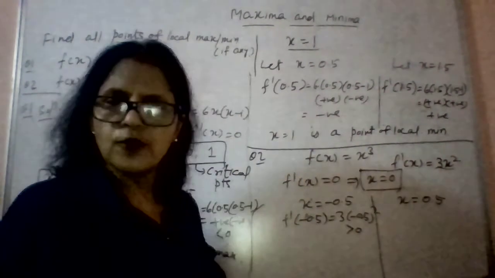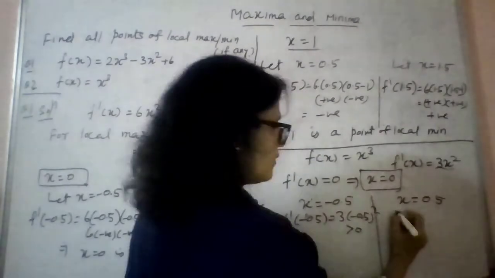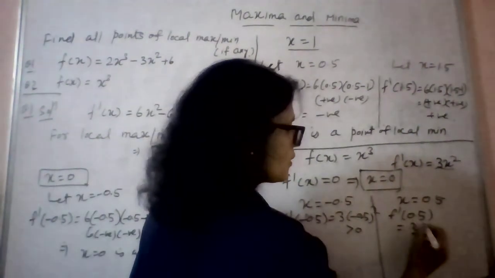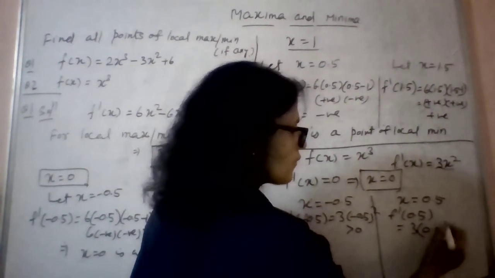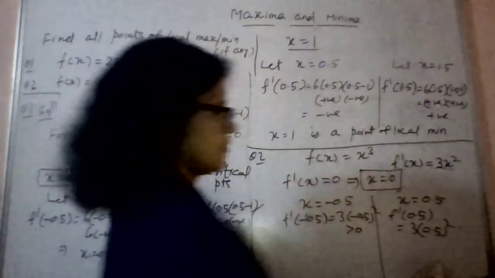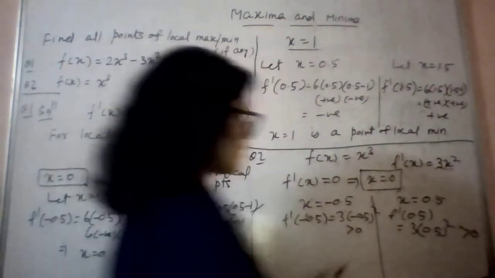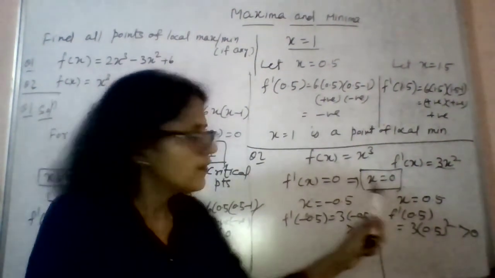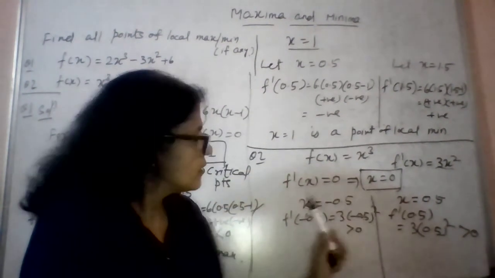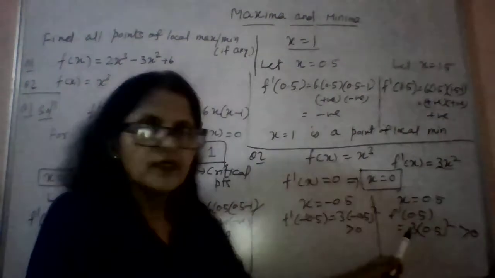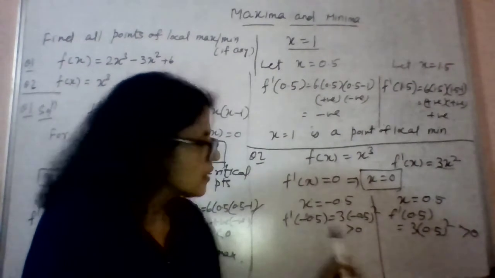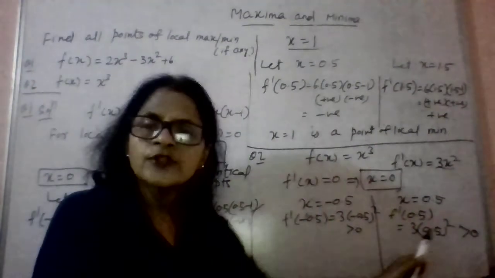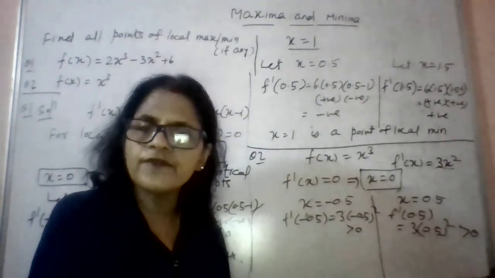It may be 0.5. f dash 0.5 equal to 3 times 0.5 whole square. Again it is positive. Here you see, as you move from left to right of x equal to 0, the sign of the derivative doesn't change. It means f dash x is positive here and positive here also. So no change in the sign of f dash x.